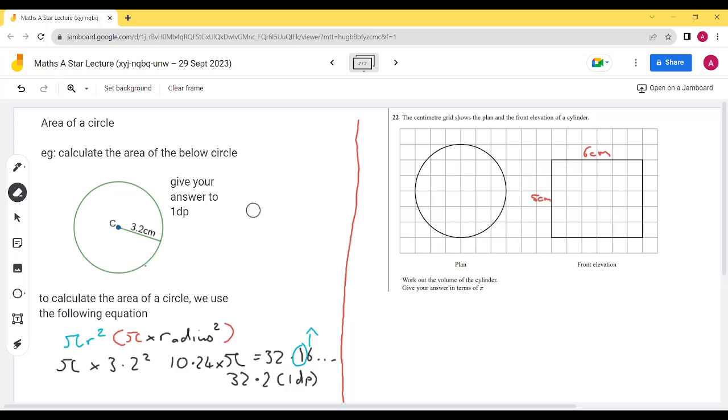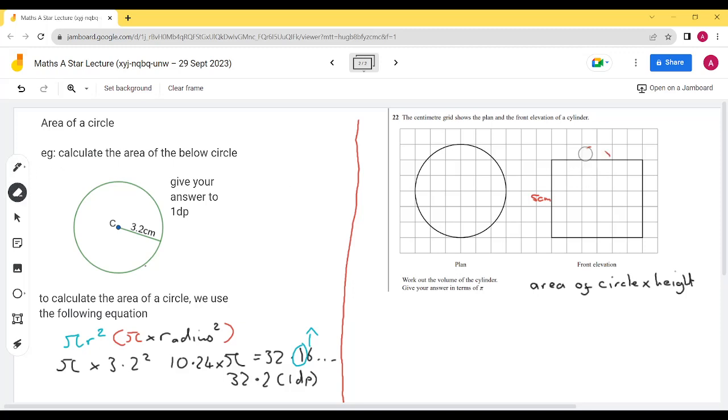Because we're trying to find the volume of a cylinder, sorry, I was thinking in terms of surface area. In terms of working out the volume of a cylinder, the volume is the area of the circle times the height.